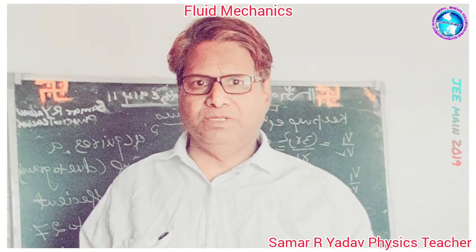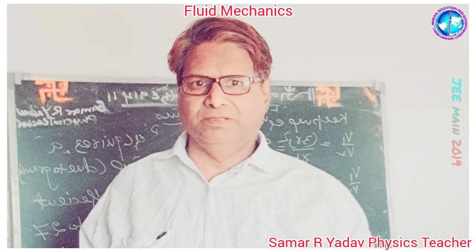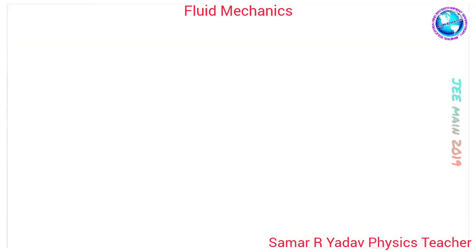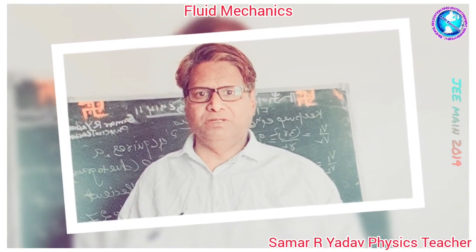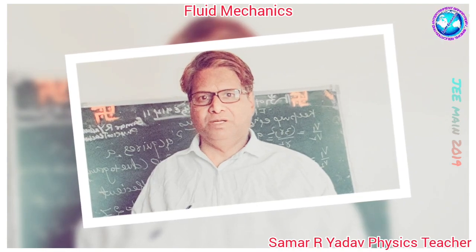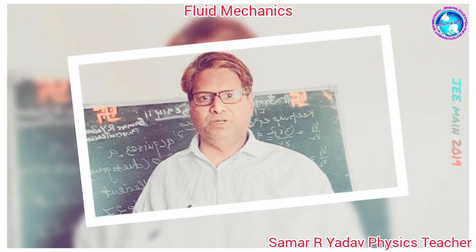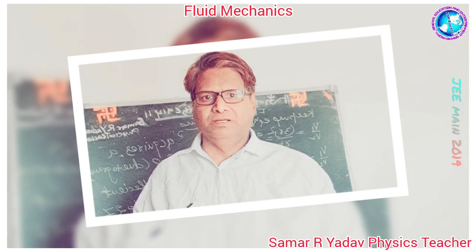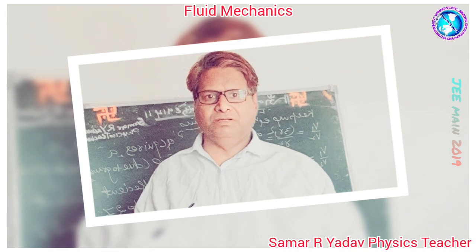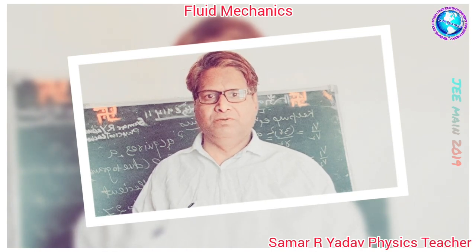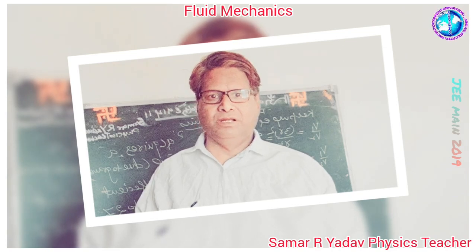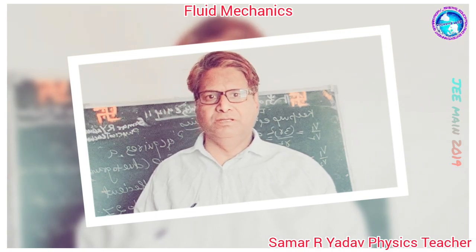In this multiple choice question, a metal sphere having density rho is freely falling in a liquid under gravity, and it acquires a terminal velocity v1. Now the same sphere is divided into 27 small spheres of radius small r, and these spheres are also freely falling in the same liquid under gravity. They acquire the terminal velocity v2.